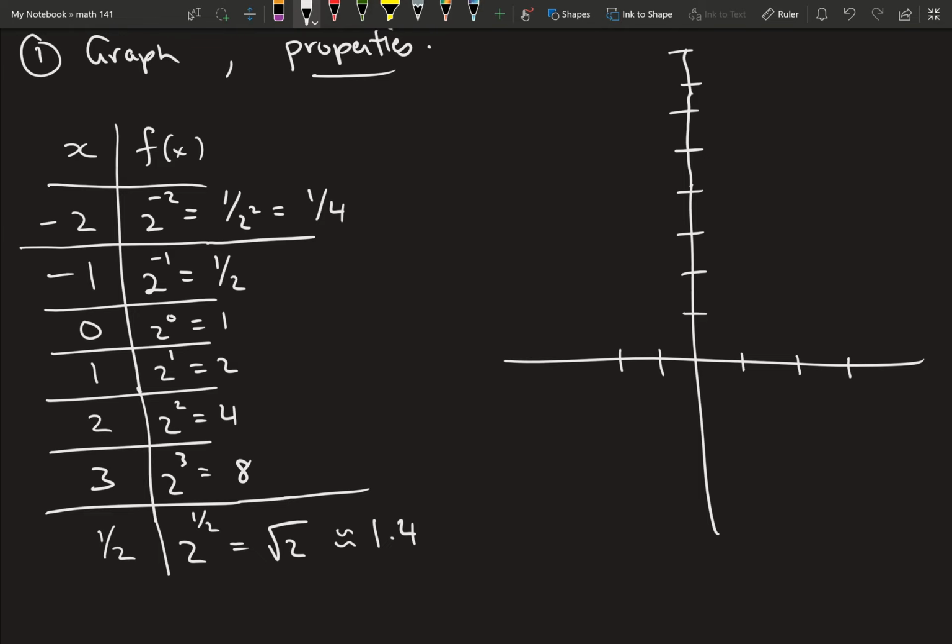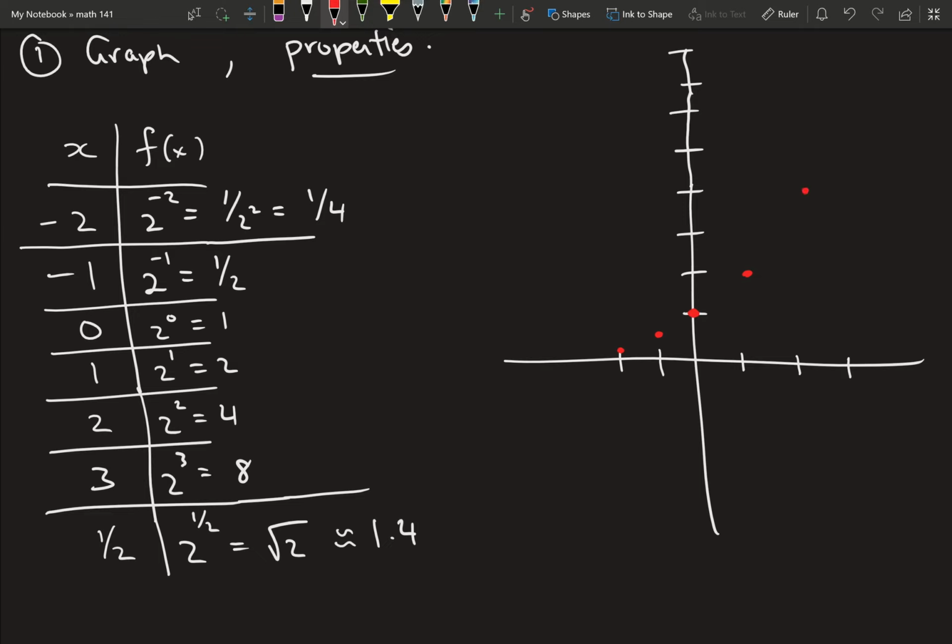Let me plot these with a different color. 0 goes to 1, 1 goes to 2. We have -1 here, we get a half. -2, we get a fourth. At 2, we're at 4, so 1, 2, 3, 4, somewhere here.